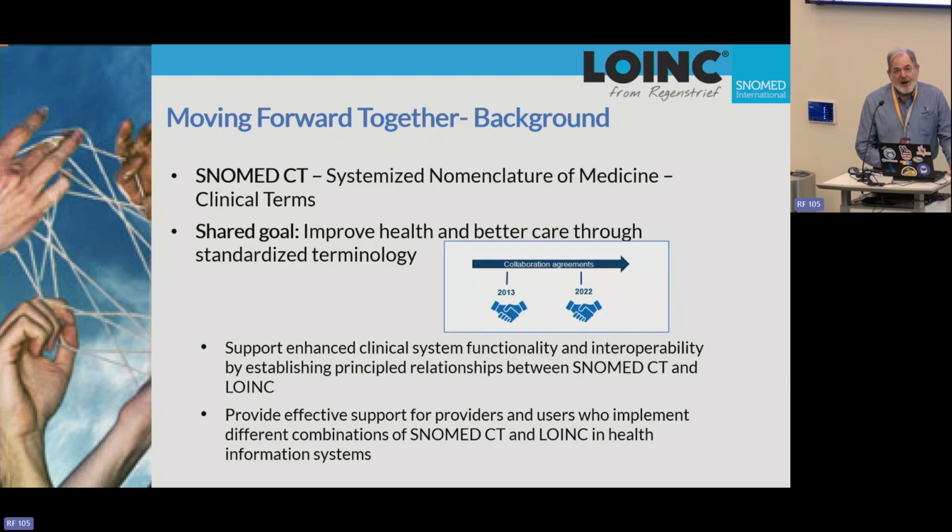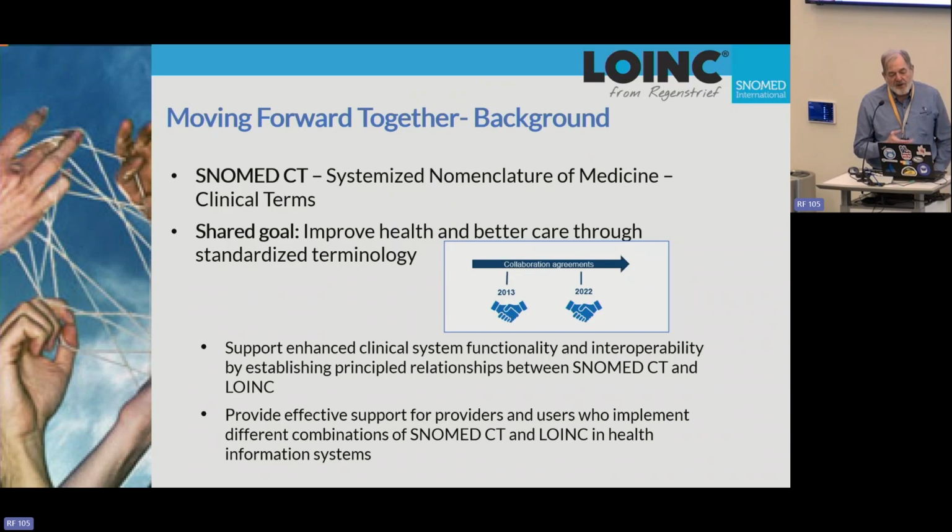And so from the LOINC side, one of the challenges that people bring up is that LOINC is not computable in the same way. That is, it's not a formal ontology, and people wanted a more computable representation of LOINC.